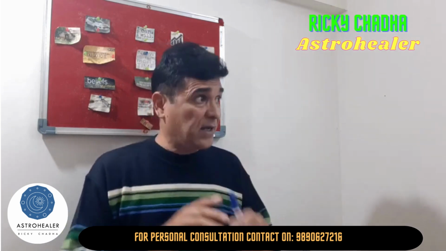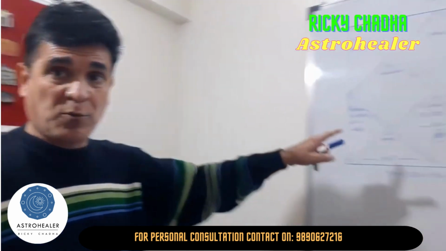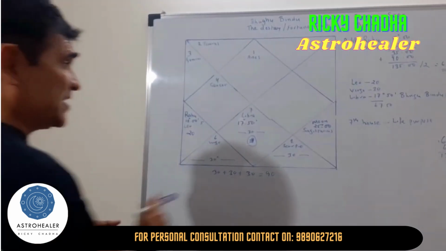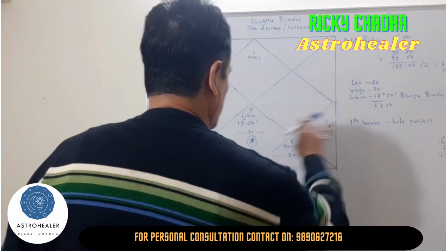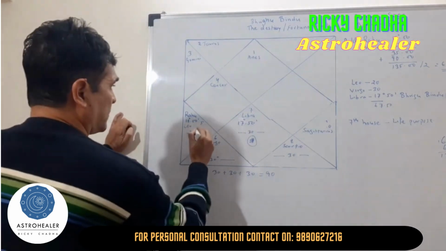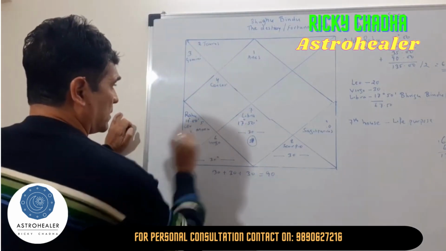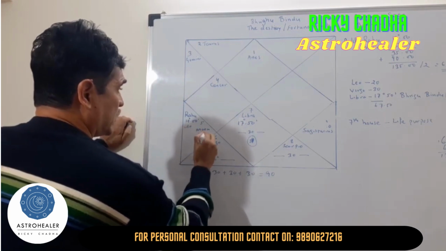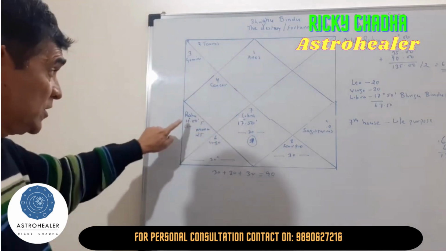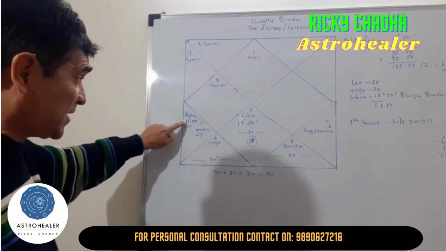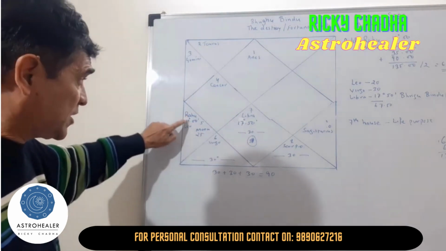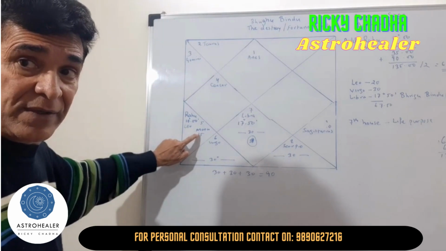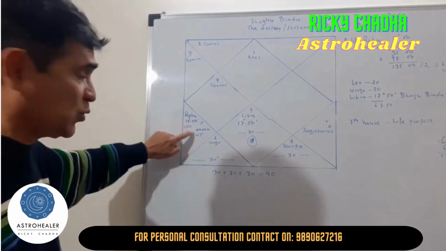Now suppose, I'll just bring it back on the board, suppose this Moon was not here, the Moon was here, and Moon here, it was on 25. Now Rahu from 10 to 25, it is going towards 25, right? 10 degrees to 25 degrees.